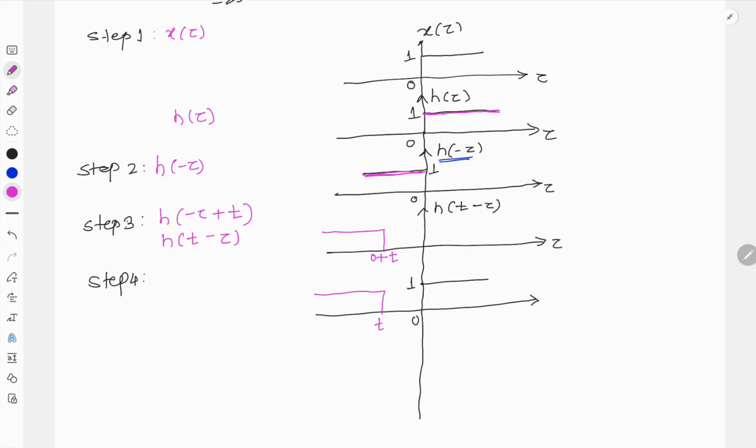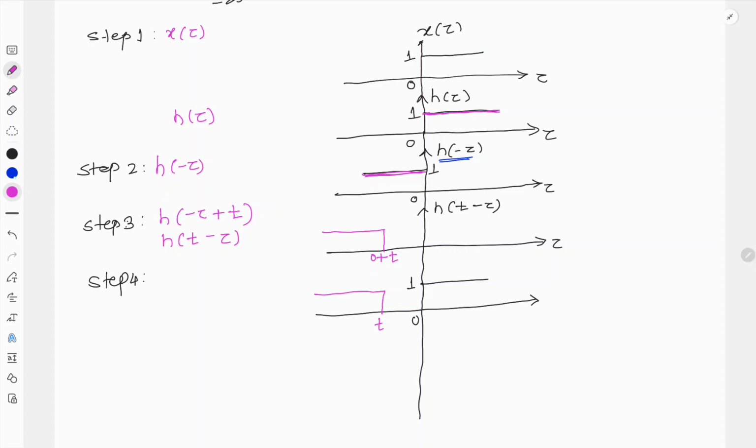Both these signals have amplitude equal to 1. Now if we consider these two signals, we are supposed to find the integration, in the sense, the convolution. So here we need to multiply both the signals. Now if I multiply these two signals, there is no overlapping region, therefore the multiplication will not exist, meaning the answer will be 0.